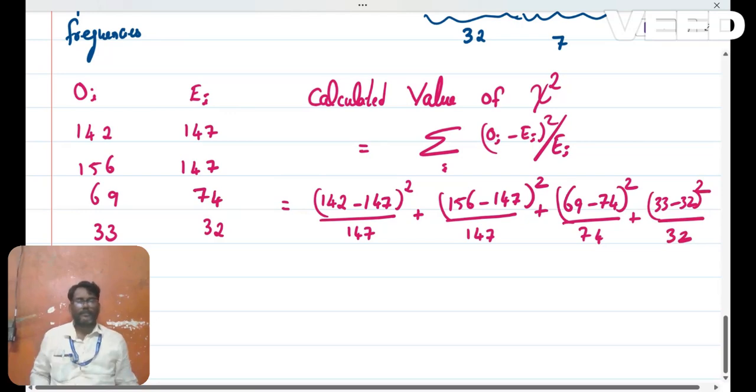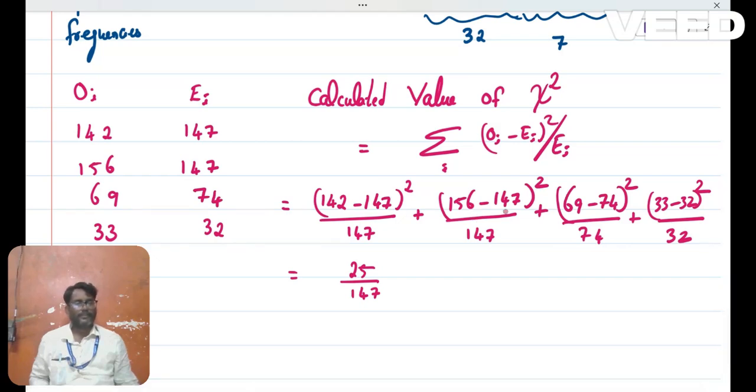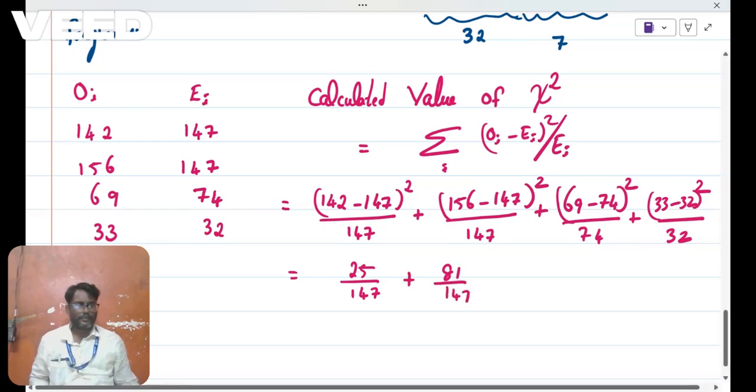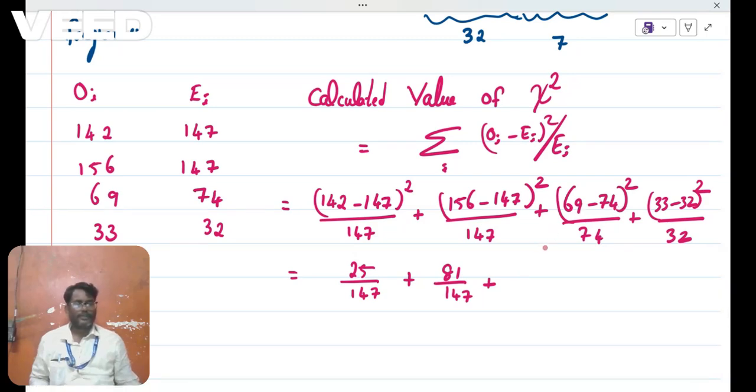So 142 minus 147 is minus 5, square is 25 by 147, and then 156 minus 147 is 9, so 81 by 147, plus 69 minus 74 is minus 5, 5 square is 25 by 74, plus 33 minus 32 is 1, square 1 by 32.